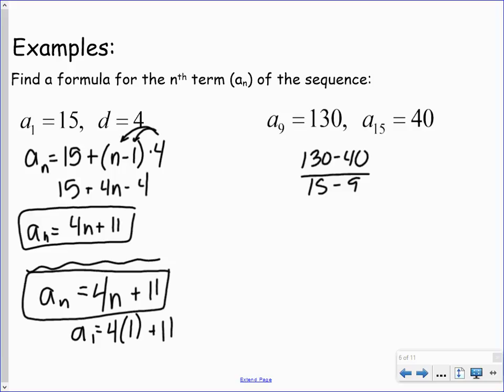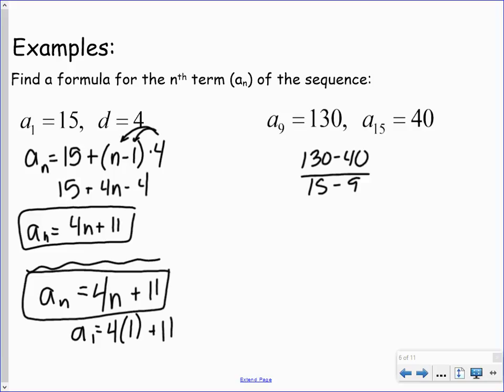Okay, so you did this. Does it make sense that your difference is 15 if the 9th term is 130 and the 15th term is 40? It should be negative, right? So what could you change about how you calculated to make it negative? When we're trying to find the common difference, we take the later term minus the previous term, right?